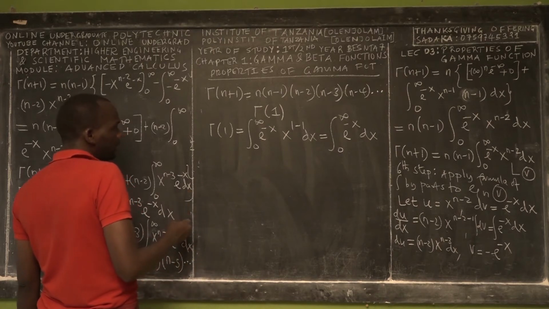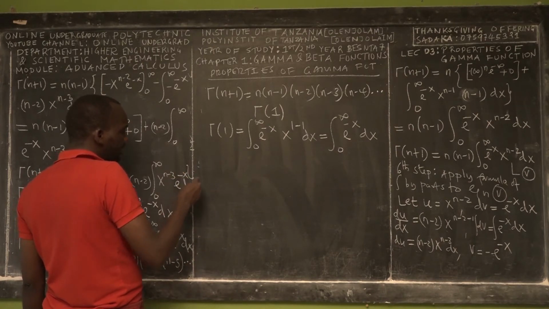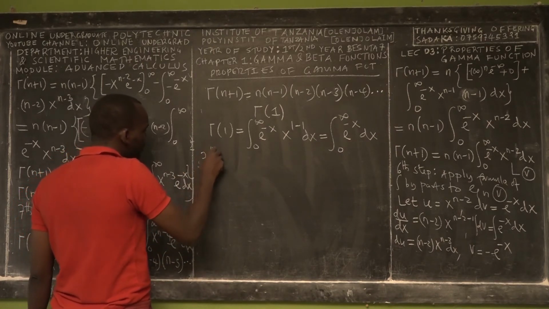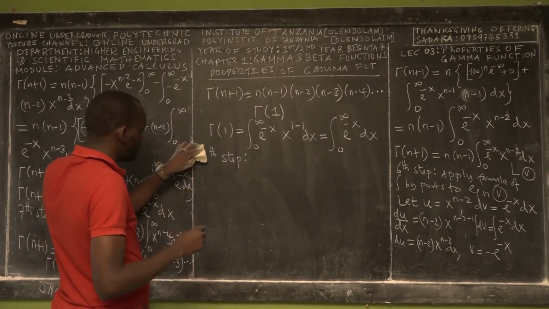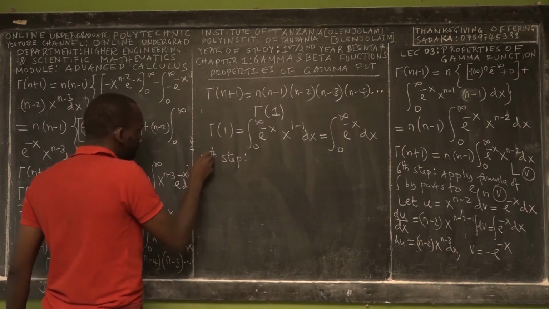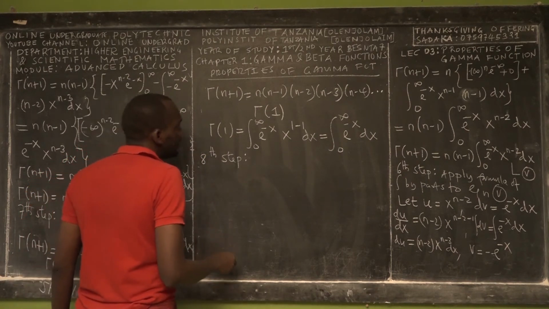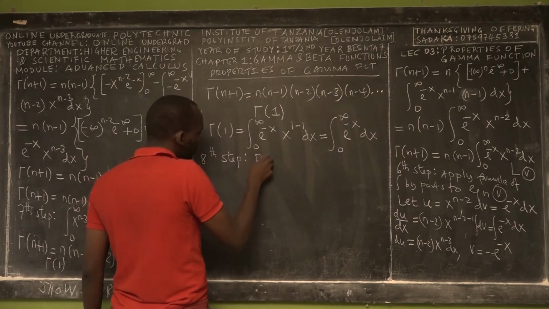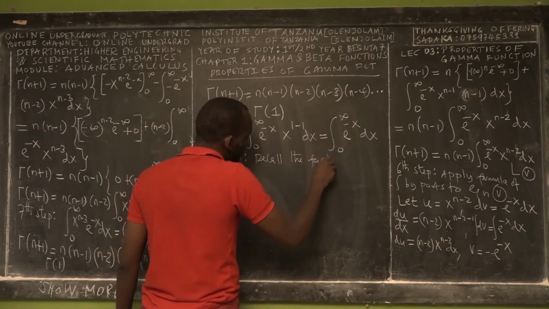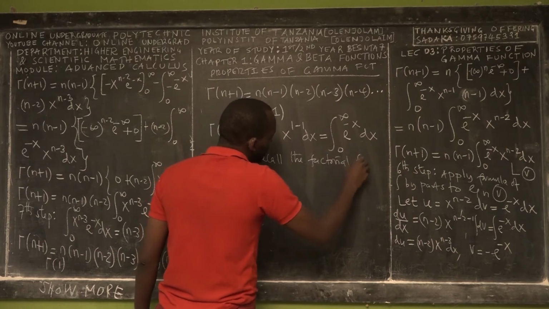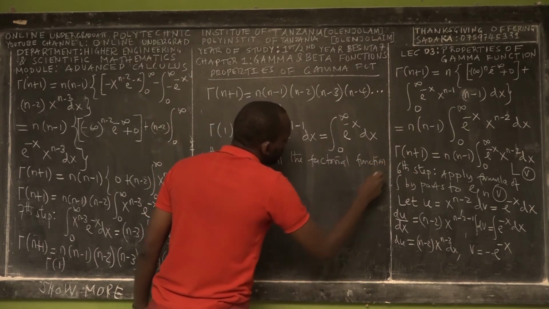So simply with that property, at the 8th step, we call it a factorial function.